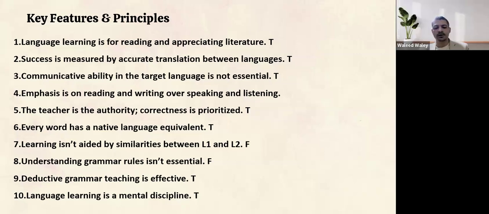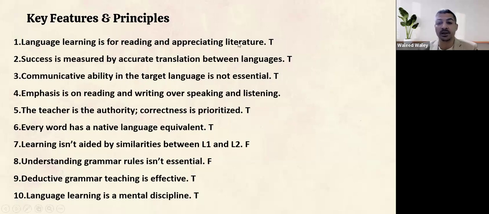Most of us learned the second language using the GTM, and most of the teachers, or all the teachers, use the GTM because it's a very traditional one. So these are the principles and the key features of the grammar translation method. Language learning is for reading and appreciating literature.